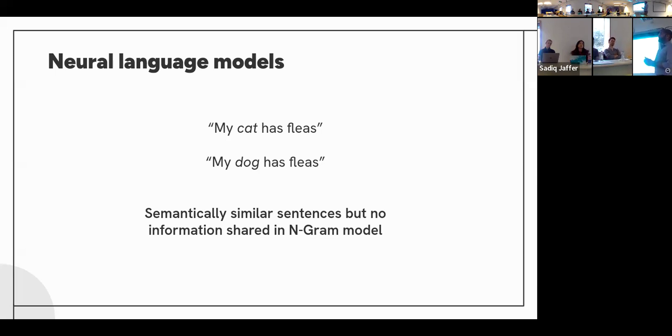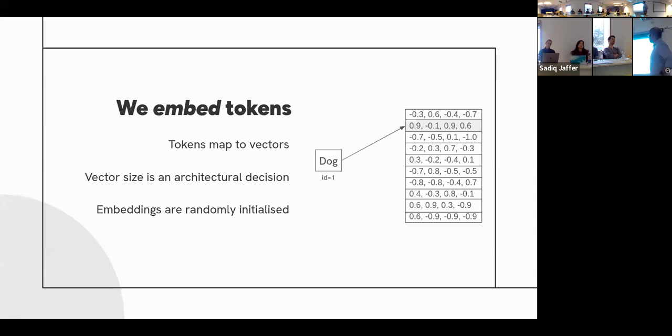So the next progression was to go from these discrete representations to what's called a distributed representation. So how does that work? We take these tokens, and each token has a unique ID in the vocabulary. We then have a large matrix, essentially a map of IDs to a vector of numbers. The length of that vector is an architectural decision that we can make however we like.